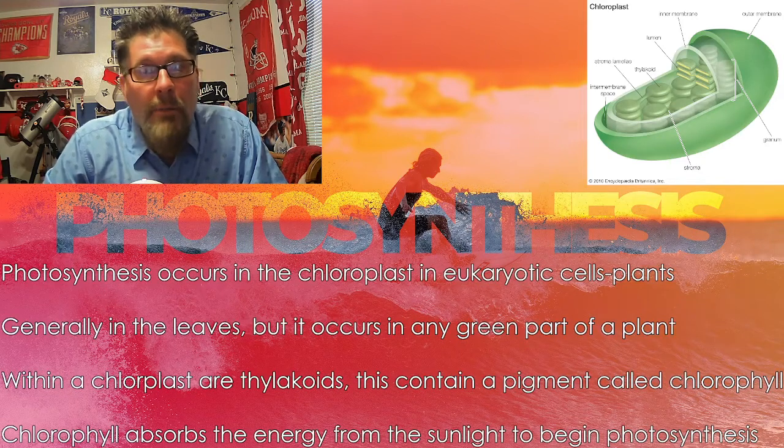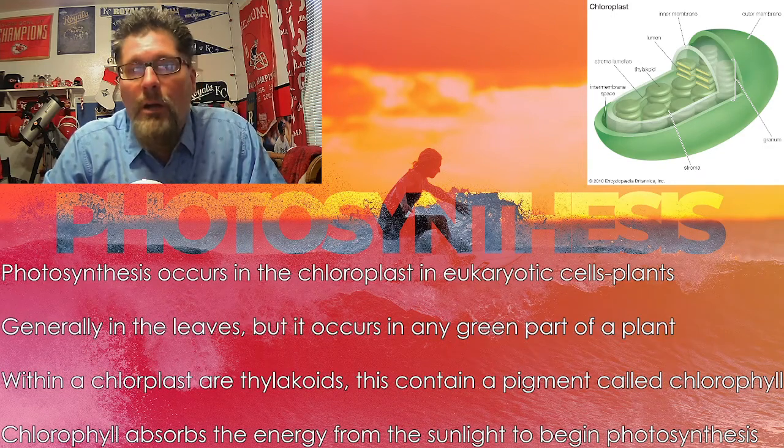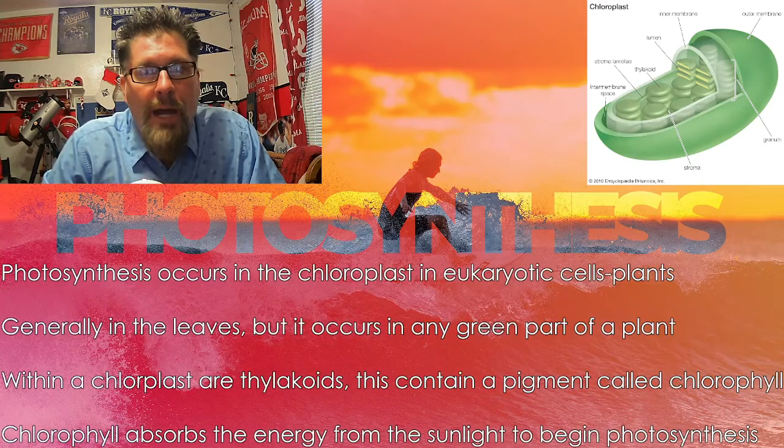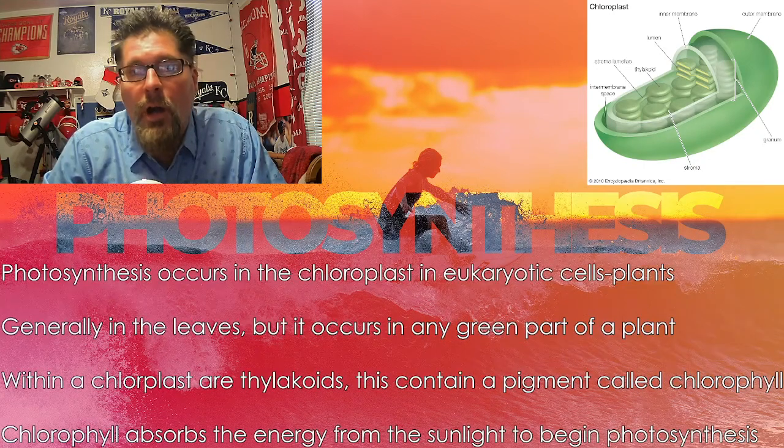But unlike the mitochondria, where cellular respiration occurs, the mitochondria is just a place where it happens, but it isn't really involved in what's going on. The chloroplast is the exact opposite. It is doing a bunch of things to get this done, and a bunch of the components of the chloroplast play a big part in photosynthesis.